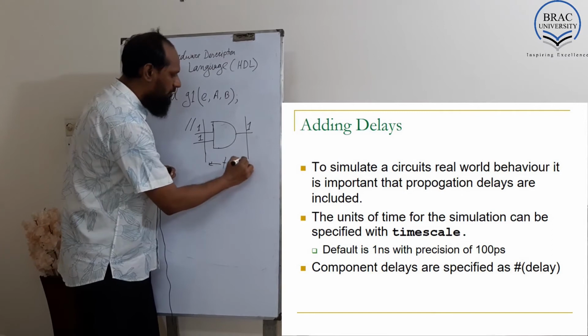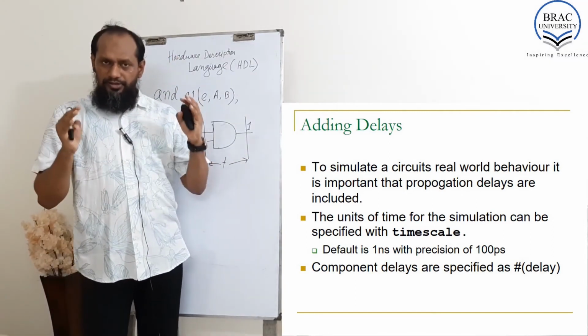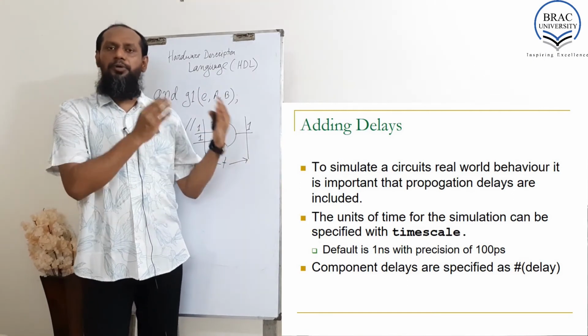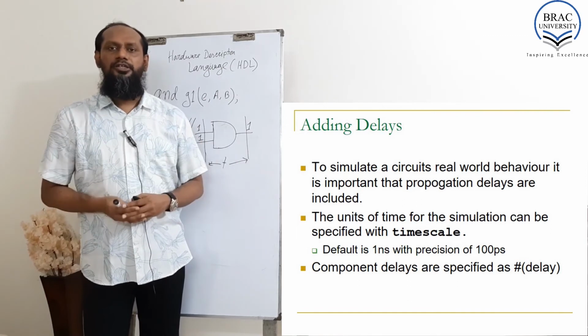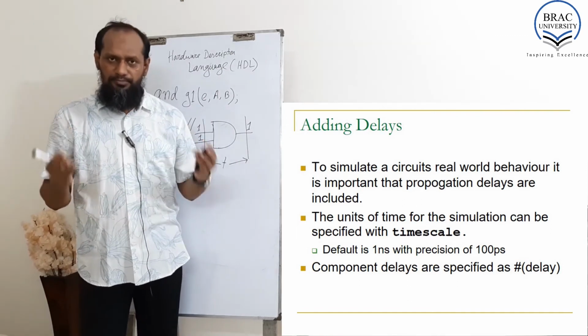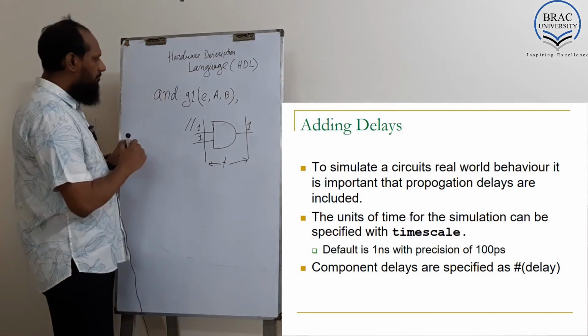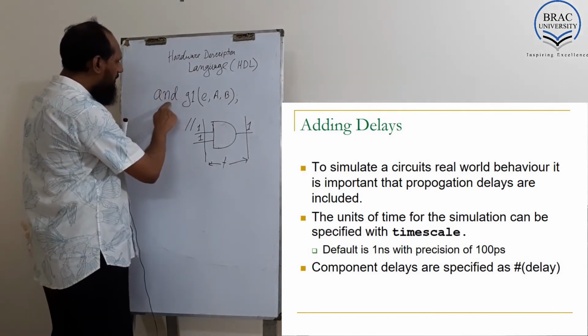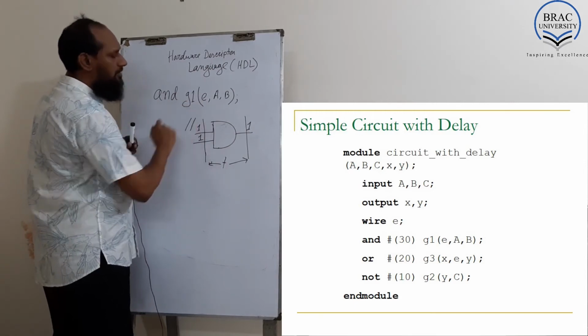This time is called propagation delay. The interesting thing is we can use this propagation delay inside our HDL code. This is very simple. We just need to mention the delay between the type of gate and the gate name.